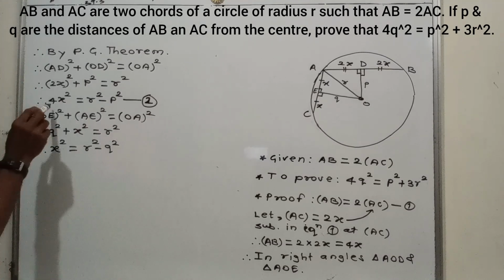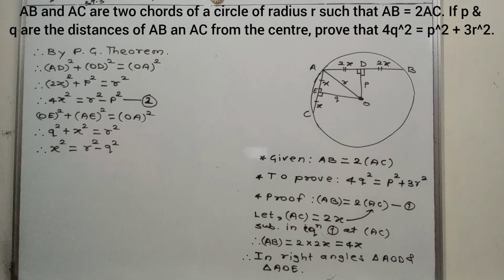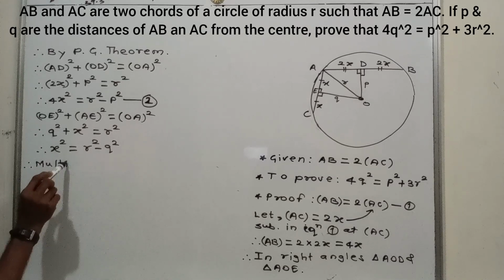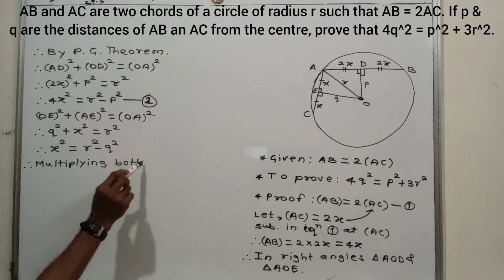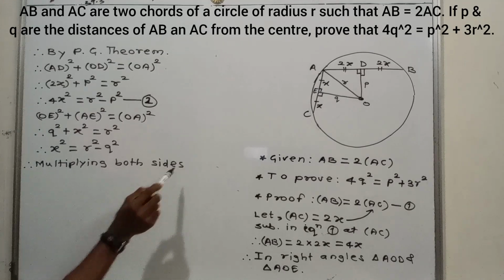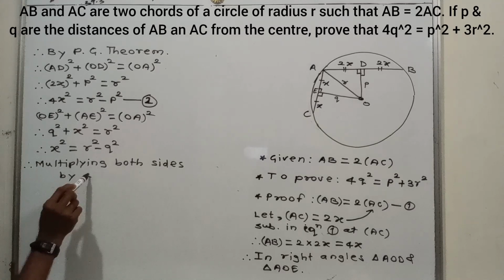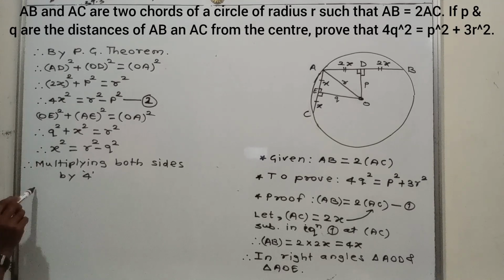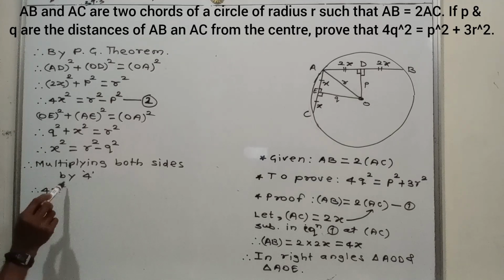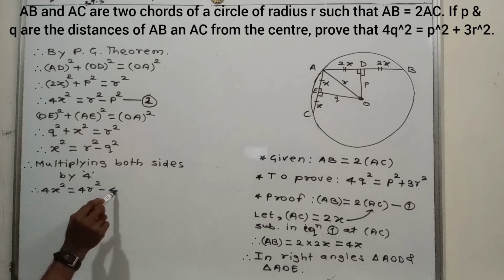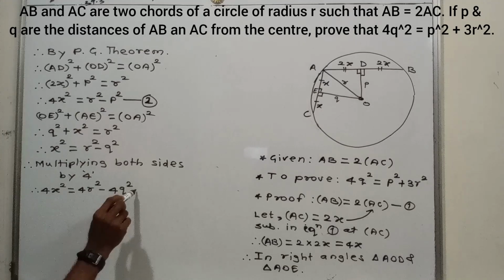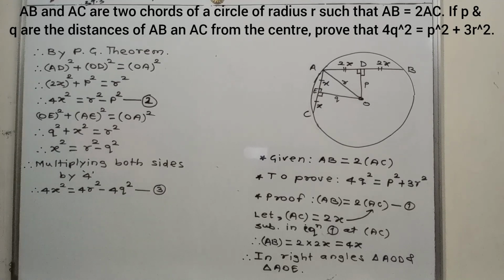Now here we have 4x square, so we want 4x square. Therefore, multiplying both sides by 4, we get 4x square is equal to 4R square minus 4Q square. This is our equation number 3.